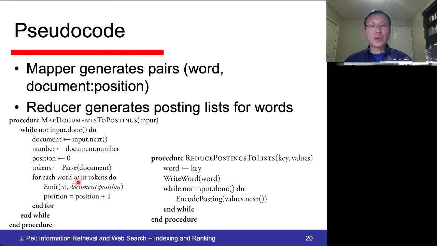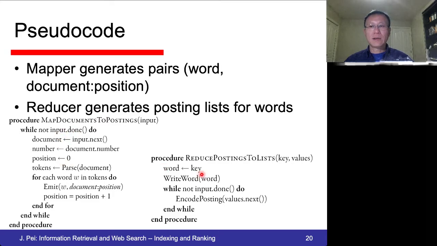And then for each word in this token, it emits the word W, which is the word itself, and also the document and the position. And also, it maintains a counter to trace the current position. Iteratively, we do this until it finishes parsing one document, and then iteratively in the outer loop to continue until it finishes all the documents assigned to this mapper.